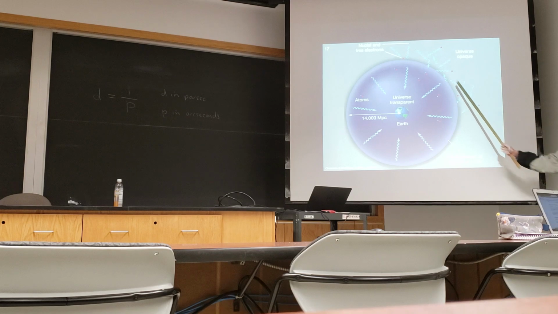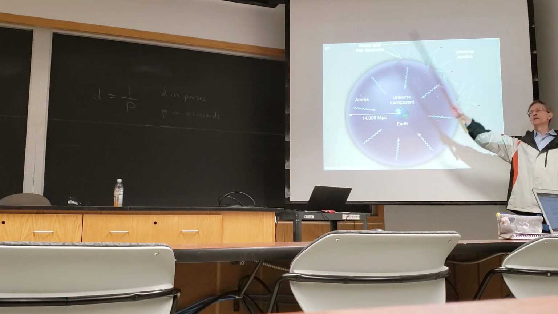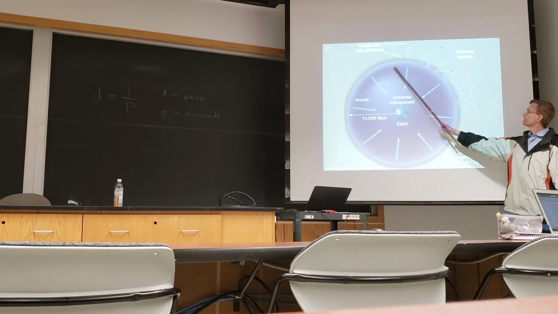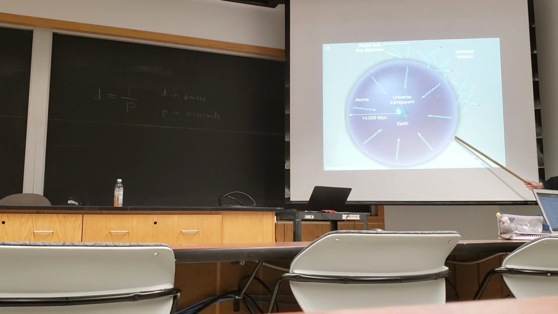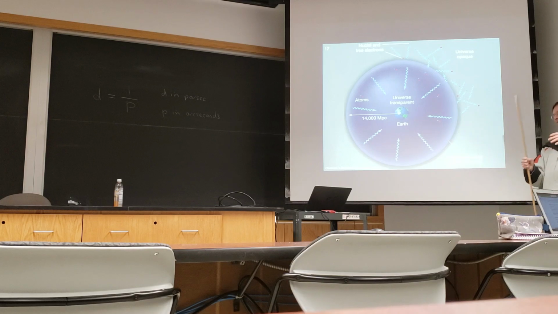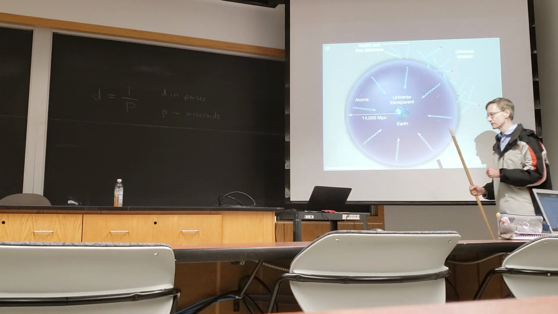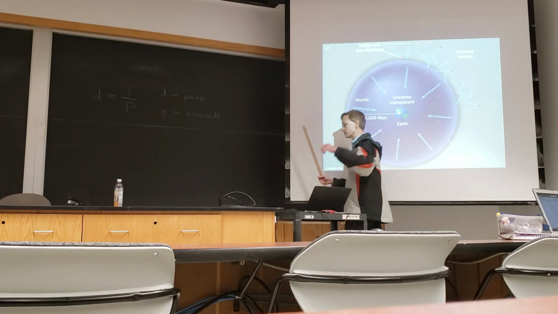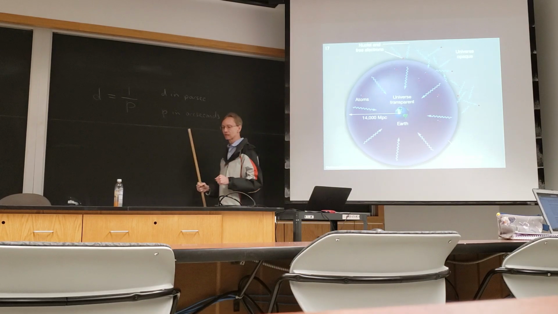And so in every direction in the sky around us, we see a spherical surface that corresponds to recombination when the universe was 380,000 years old. And it's that surface that's 45 billion light years away from us in every direction, much further away in light years than the age of the universe, because of the fact that the universe has been expanding this whole time.